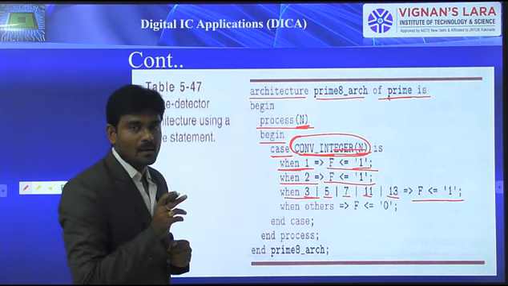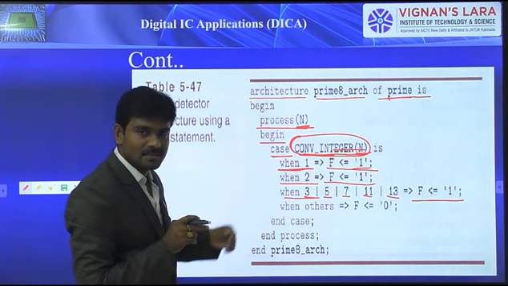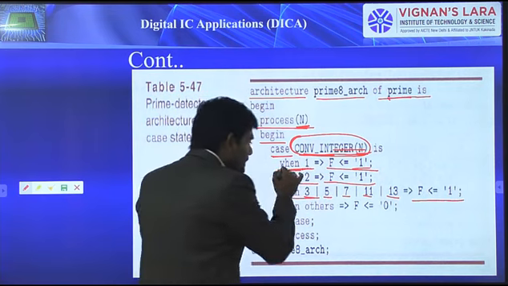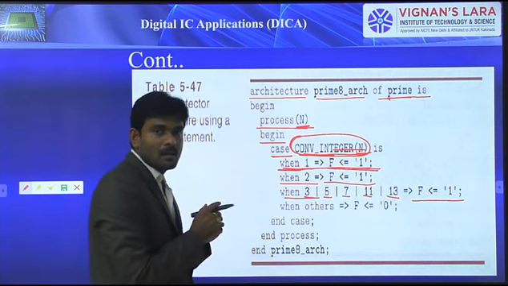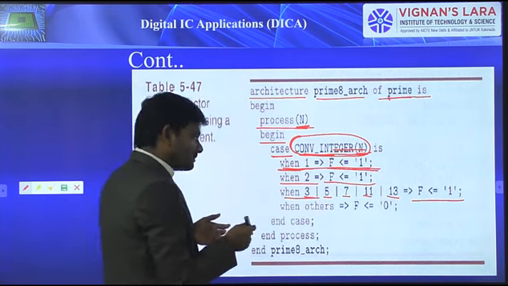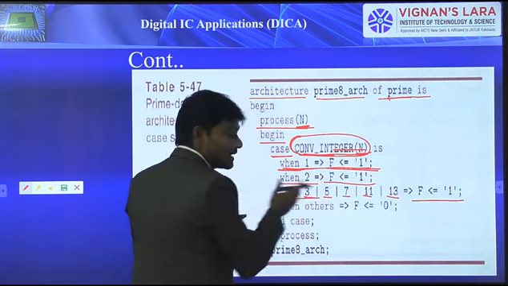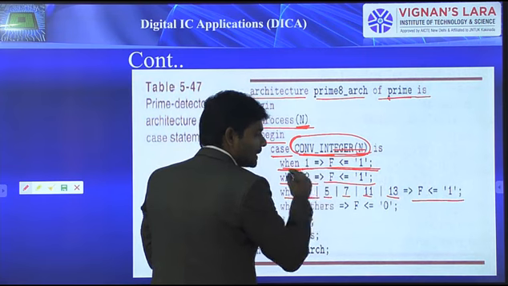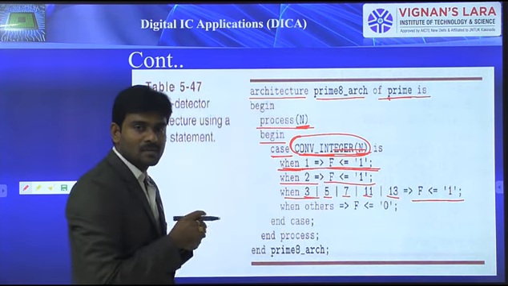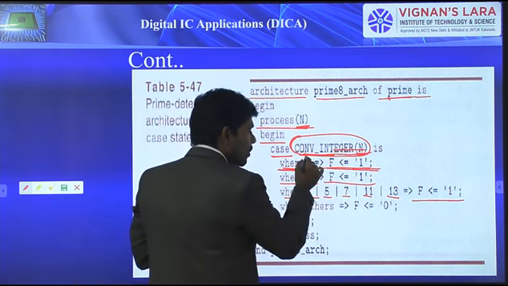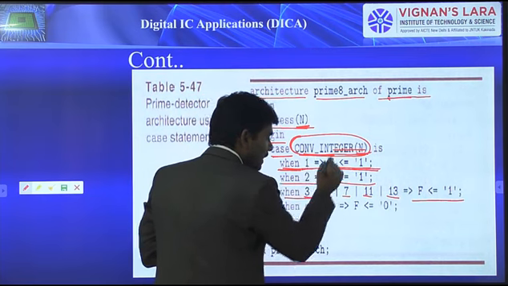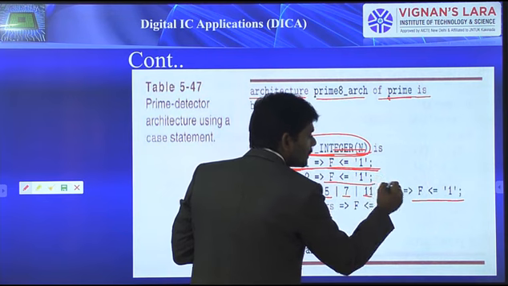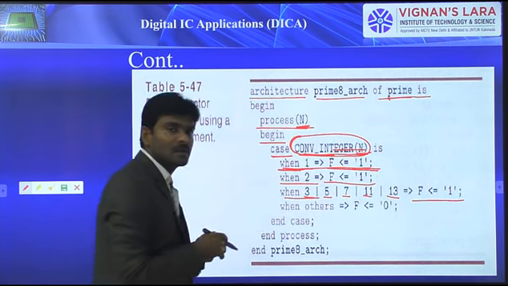Whenever any one becomes true, the f value will be assigned as 1. Instead of writing all these separately, you can describe them in a single statement as well, but for better understanding I divided them. Even instead of these three statements, you can describe them in a single statement by writing 1 or 2 or 3 or 5 or 7 or 11 or 13 => f <= '1'.